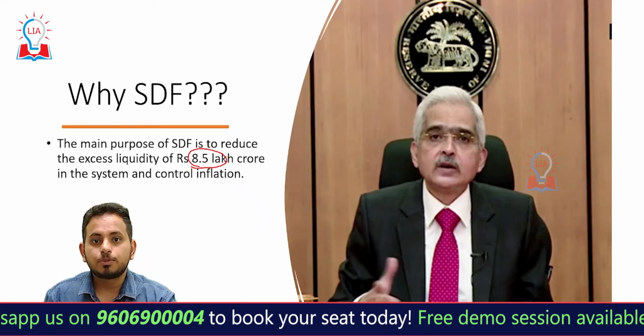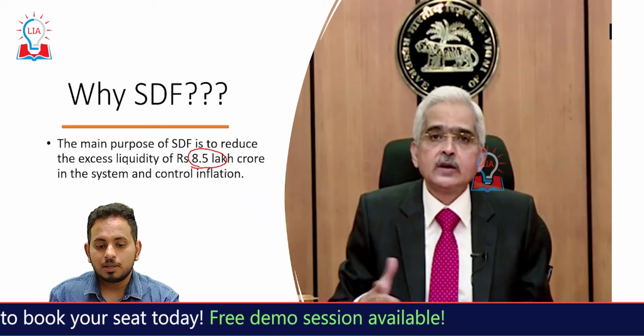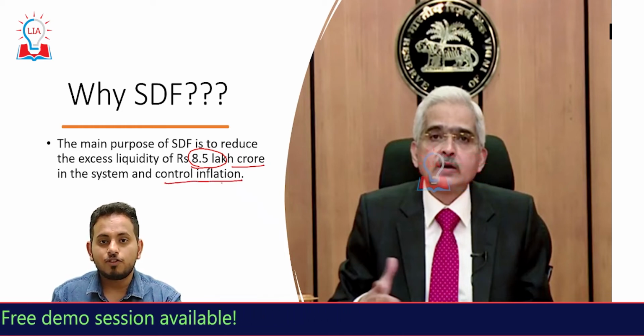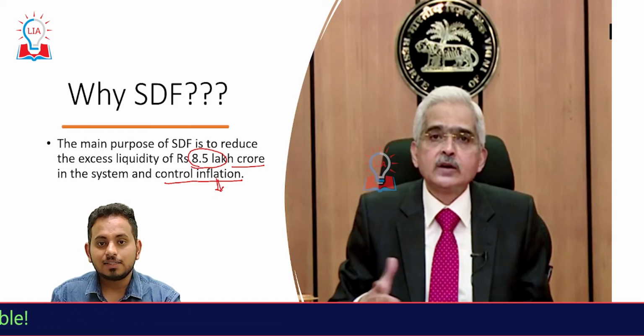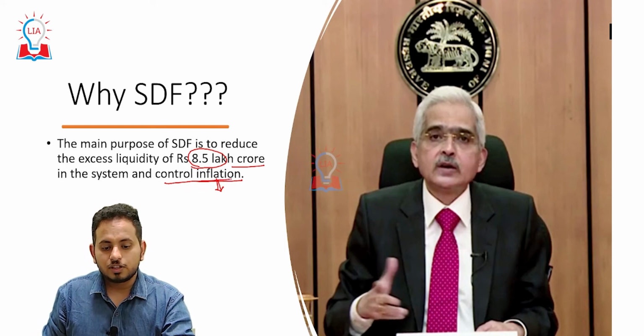So in order to absorb this excess liquidity and also control inflation, where inflation refers to the general rise in the price of all the commodities in the market. That is the definition of inflation.